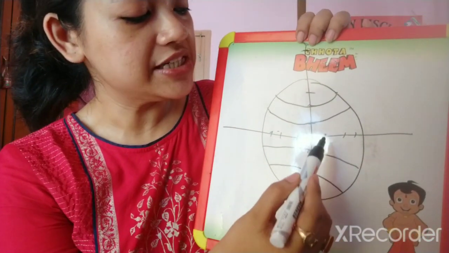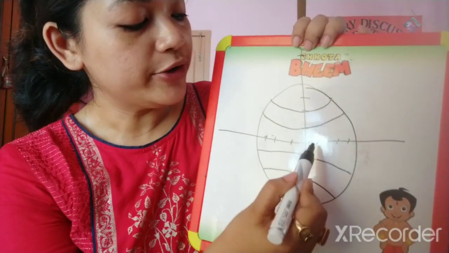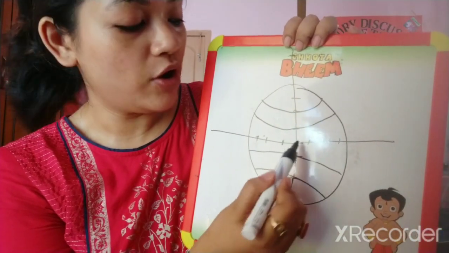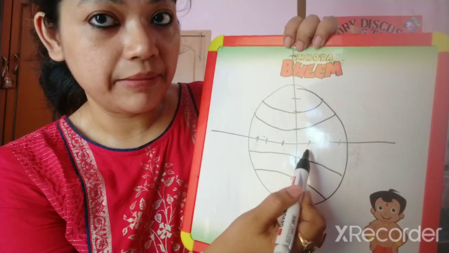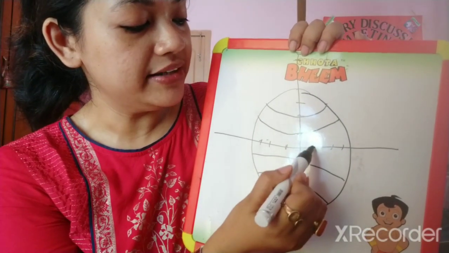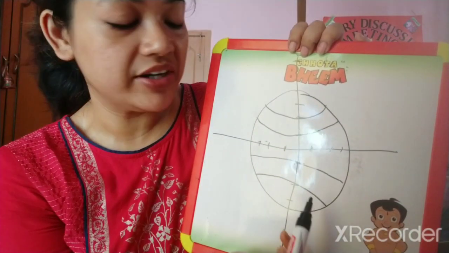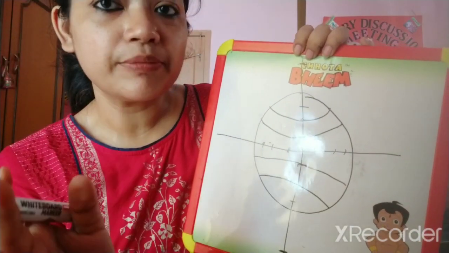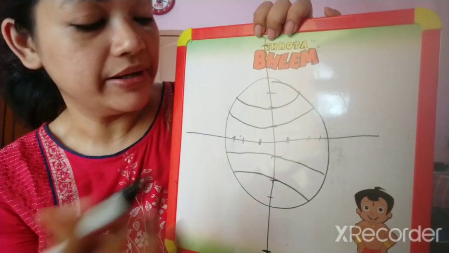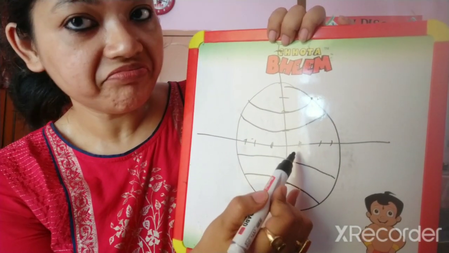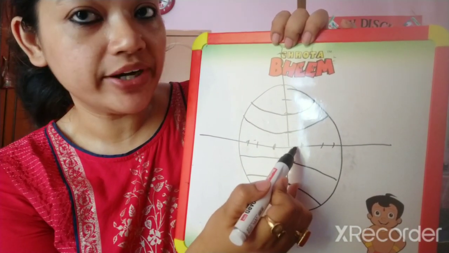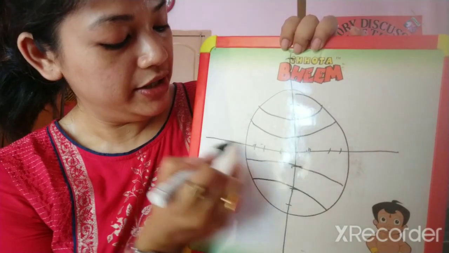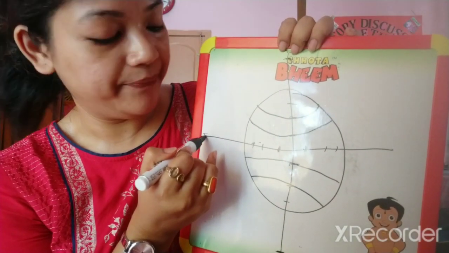Similarly, for constructing the meridians, first take the example of the immediate meridians beside the central meridian. That is, this is for 105 degree east and this is for 75 degree east. So suppose it is about 24 centimeter, so take the scale measurement of 24 centimeter from here to here only.